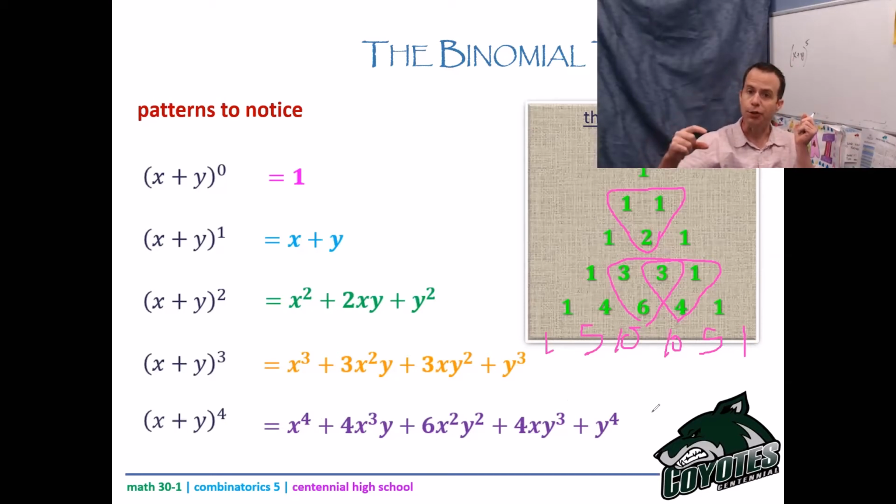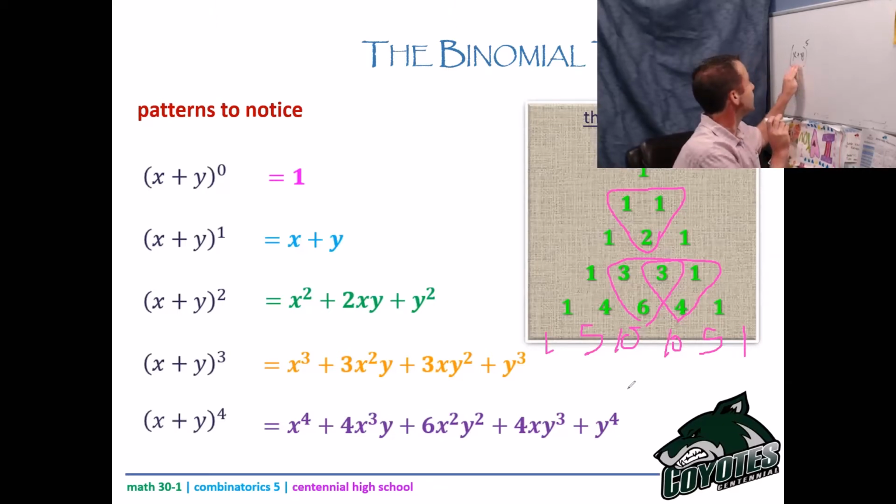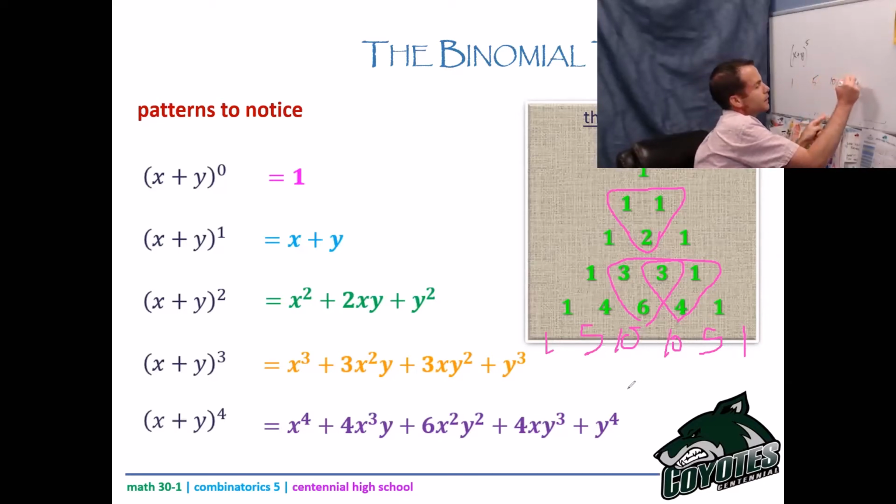The second term does the opposite. It starts at the lowest exponent, sorry, and works its way up. So this would be y to the 0, y to the 1, y to the 2, y to the 3, y to the 4. So if I wanted to expand (x + y)^5, I already know my coefficients are 1, 5, 10, 10, 5, 1.